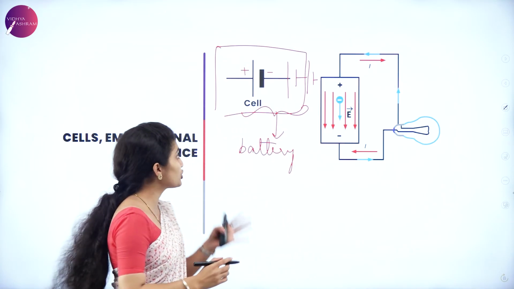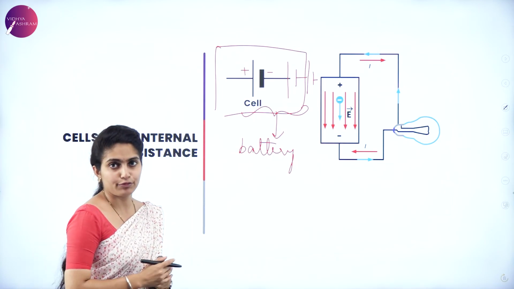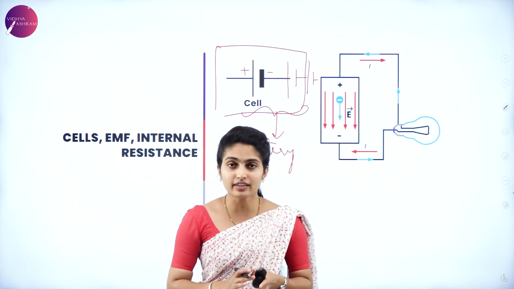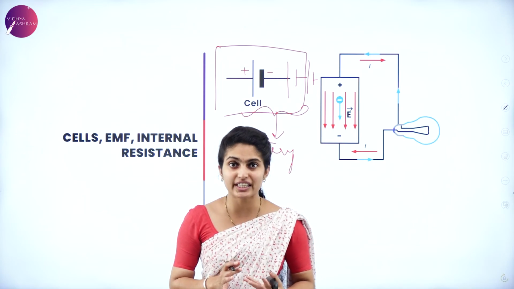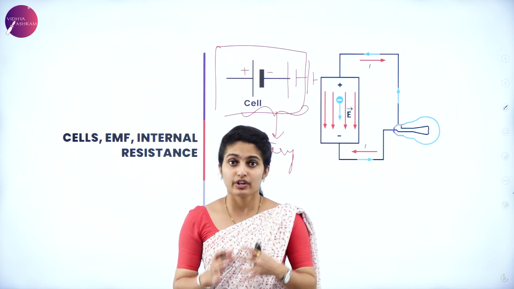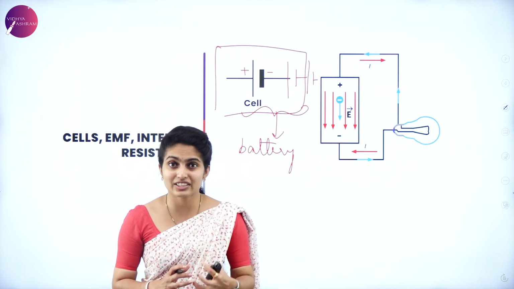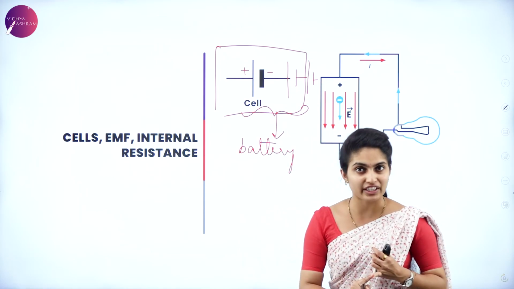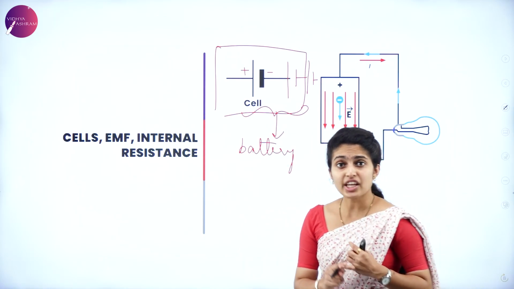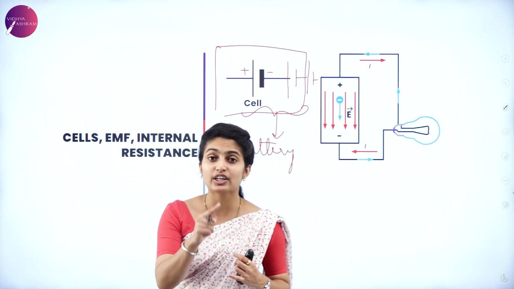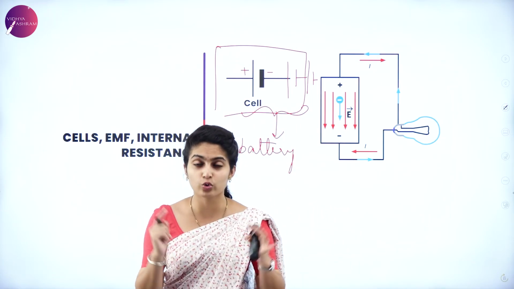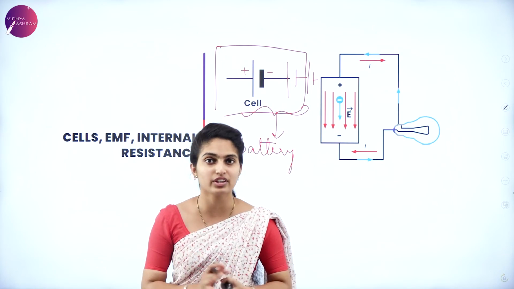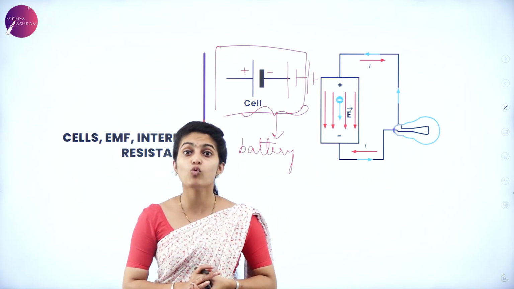Okay. Next, coming on to EMF, electromotive force, which is induced by the circuit. That is, the flow of electrical energy is nothing but the EMF, when the circuit is off. When the circuit is on, the flow of energy is known as potential difference, which is calculated across the terminals. Only in the on condition do we have potential difference across the ends of a conductor, which is calculated with the help of a voltmeter.